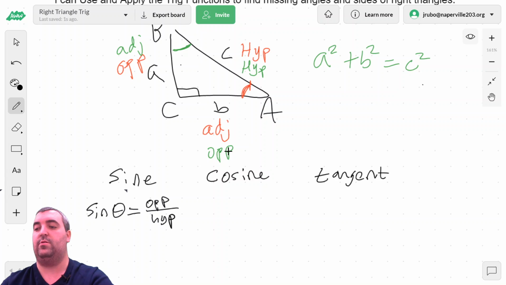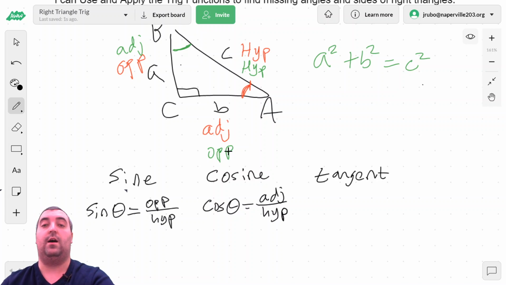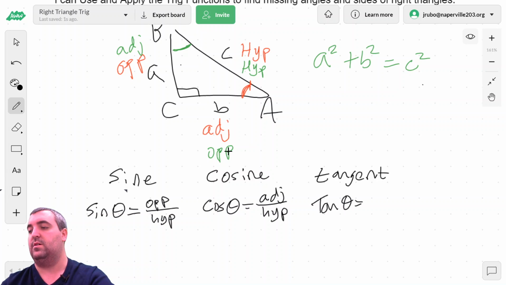That's the SOH part. Cosine of an angle is the adjacent over hypotenuse. That's the CAH part. TOA is the tangent of the angle is the opposite over adjacent.